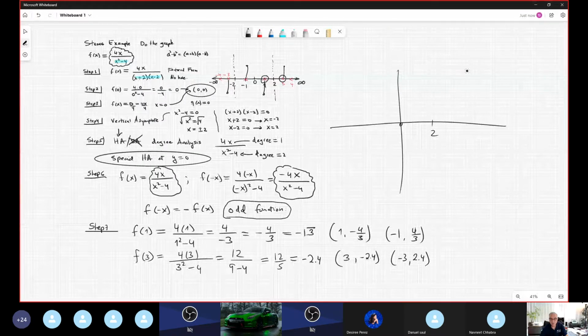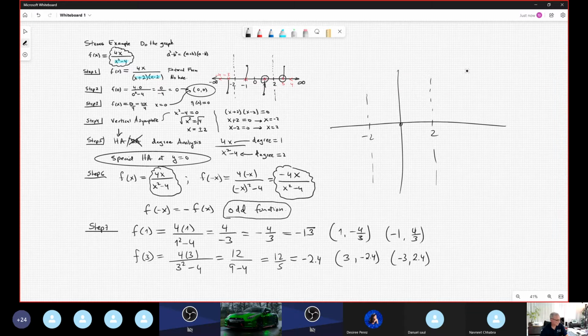Let me copy at least one part, not all of them. The rest is like that and like that. You are at the origin, and you put the arrow in this direction. You put the arrow in the opposite direction, and this arrow has the same length. This is symmetry with respect to the origin, a fantastic characteristic of the odd function. Okay, super cool.